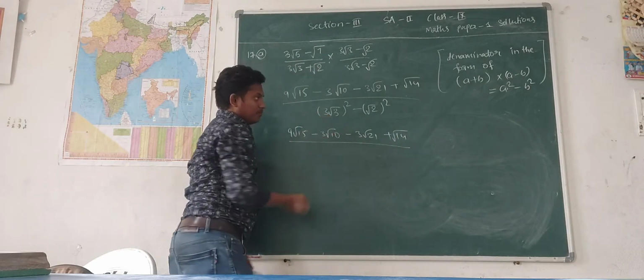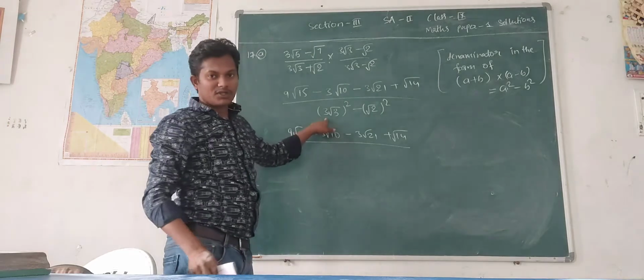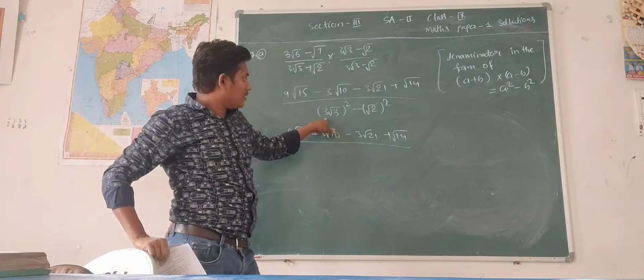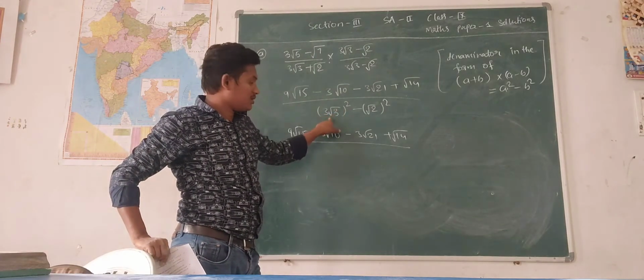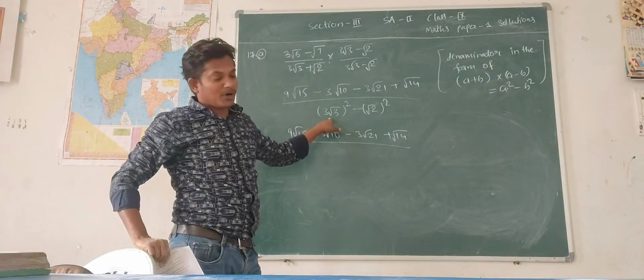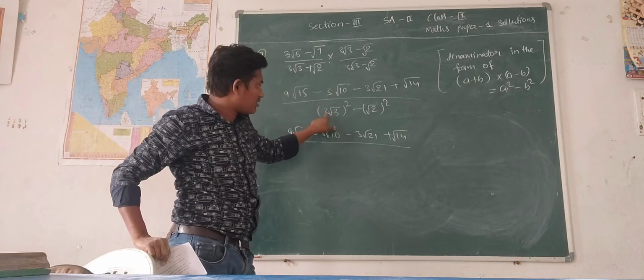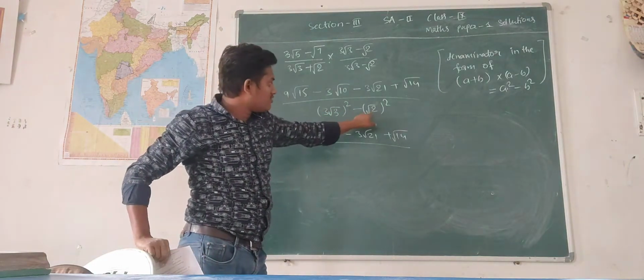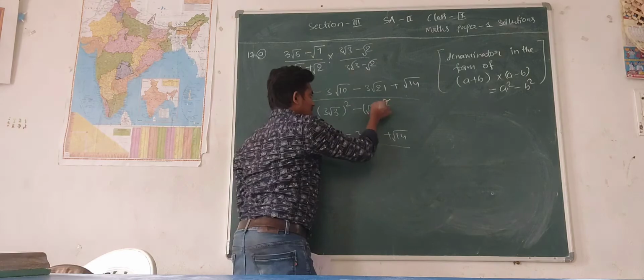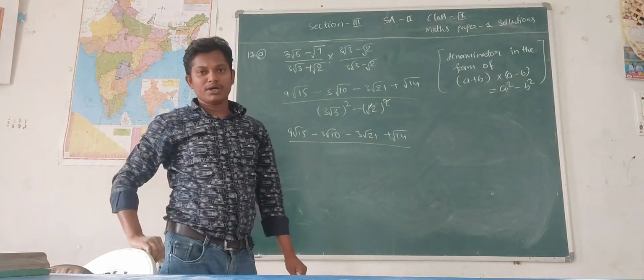Now I am splitting this term into two parts. The square belongs to 3 and also to √3, and the square and square root cancel here, so the value will be 2 only.